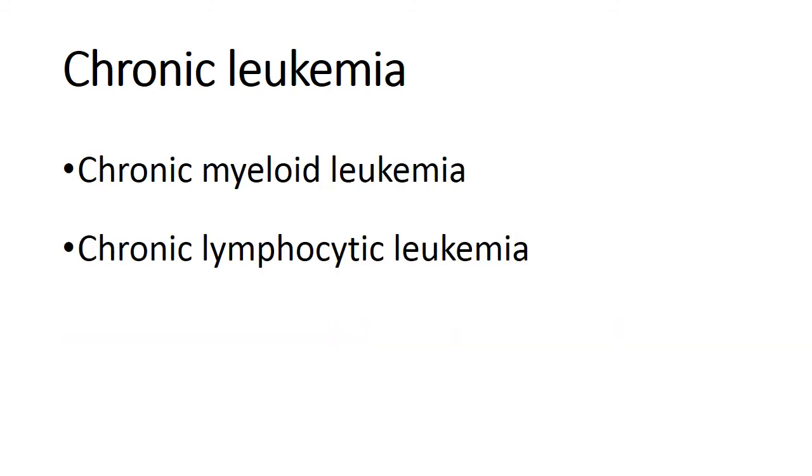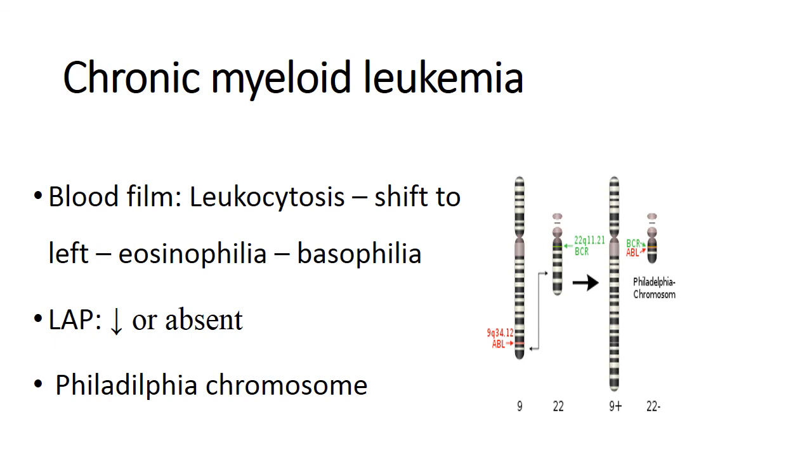According to the origin of the malignant cells, chronic leukemia is classified into chronic myeloid leukemia and chronic lymphocytic leukemia. In chronic myeloid leukemia, the complete blood count will show leukocytosis and shift to left, presented with eosinophilia and basophilia. The blood film will show eosinophilia, basophilia, and shift to left.